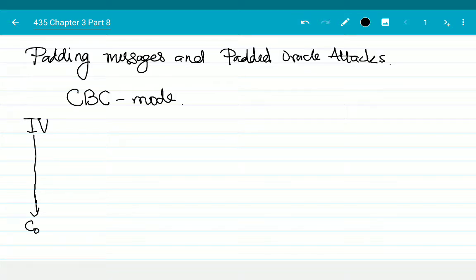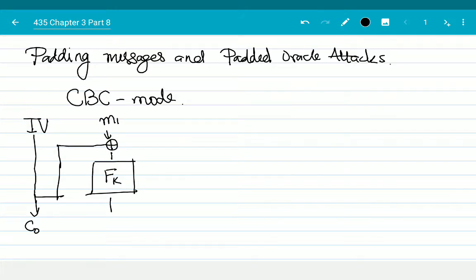C0, and my message M1 was then XORed with my initialization vector, which hits with FK to give me C1.